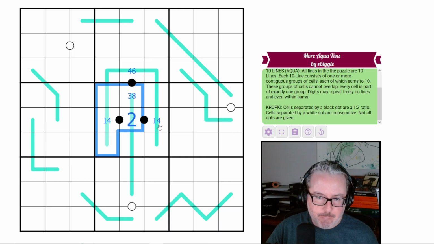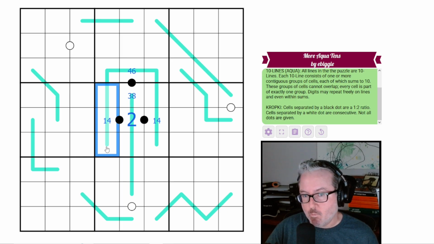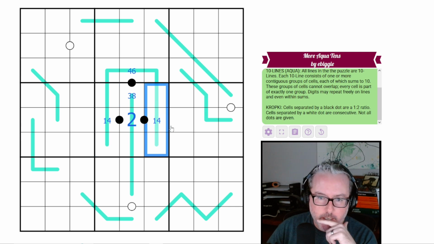Right? Or can we rule that out? No, we can't. Because it could be like a 1-3-6. This one would obviously be the 1. This would be a 3-6 pair. Yeah, so mathematically, we could make this work in multiple ways.